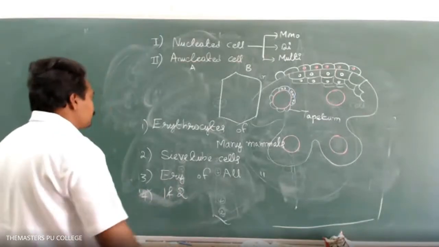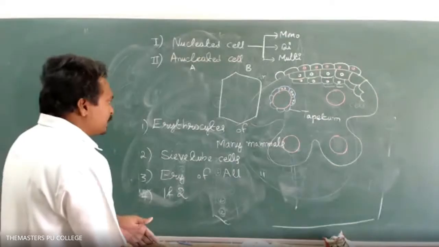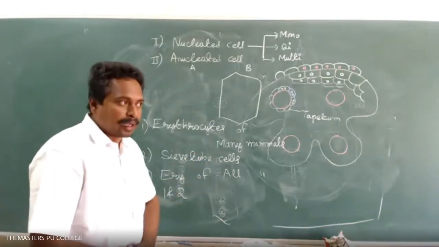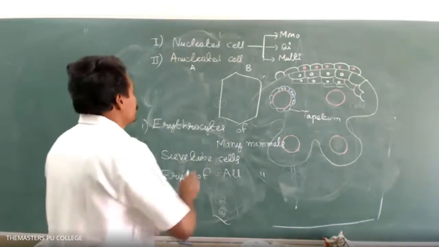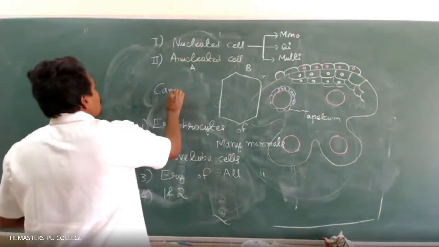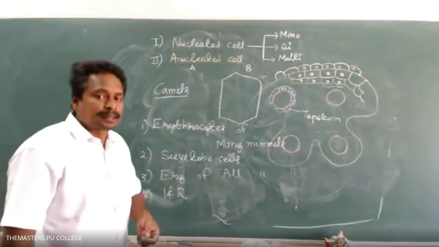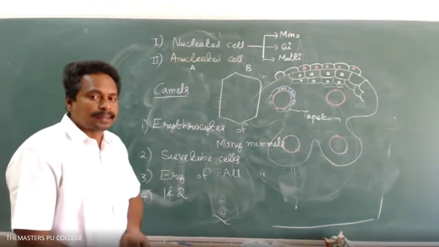Sir, can you give an example of a mammal which has nucleated cells? Nucleated, for example, human beings are enucleated. Any nucleated? Camels. In camels, the erythrocytes have a nucleus, nucleated.